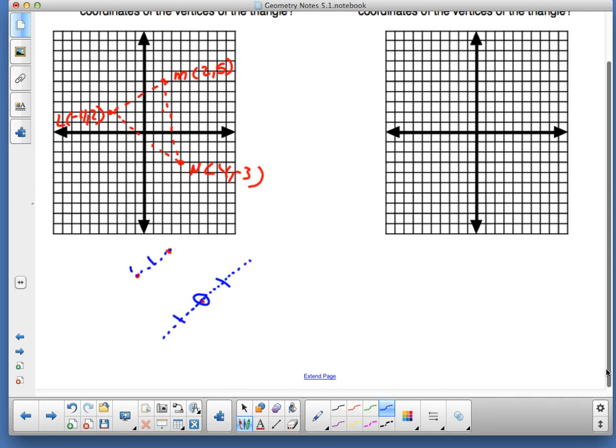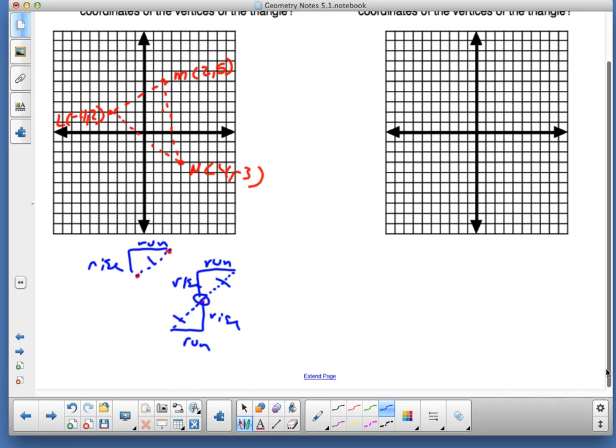If I use rise, run, I have that same rise, run, and that same rise, run. And when I apply that rise and run twice, once on either side of the provided midpoint, I get the full length of the side that it's the midpoint of.